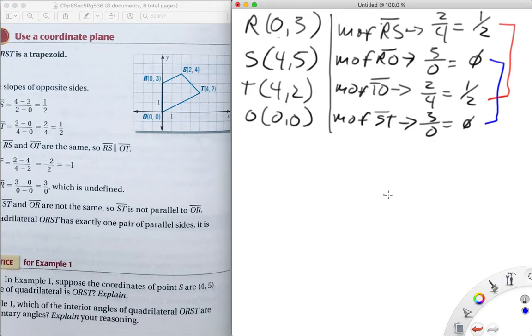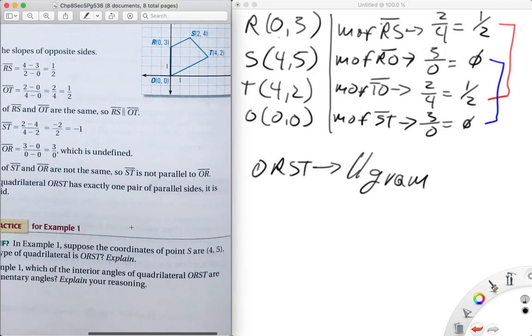So since we have two pairs of parallel sides, when we change this guy, ORST is a parallelogram. Why? Because we got opposite sides that are parallel. Definition of parallelogram.